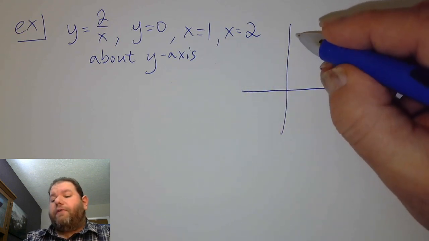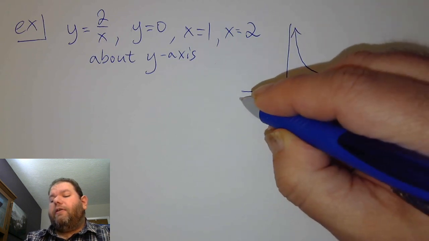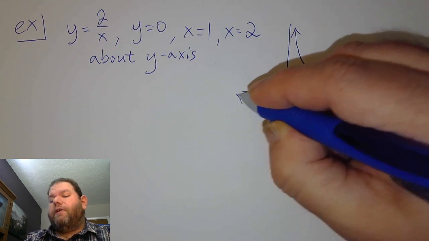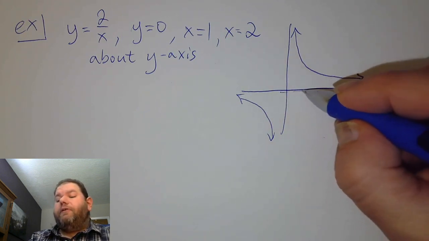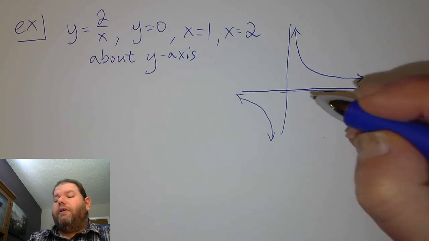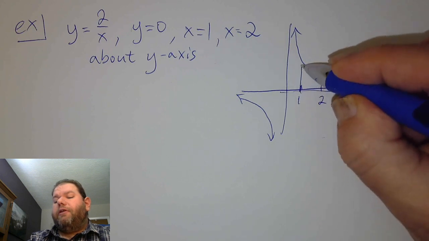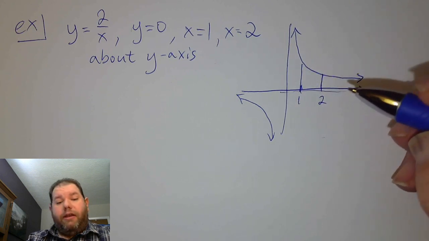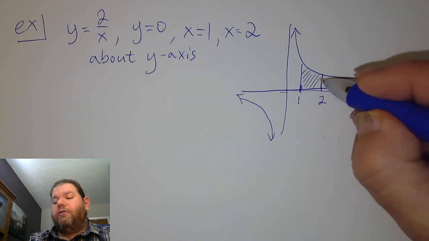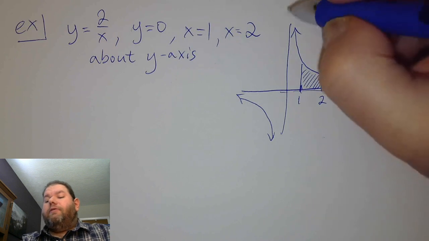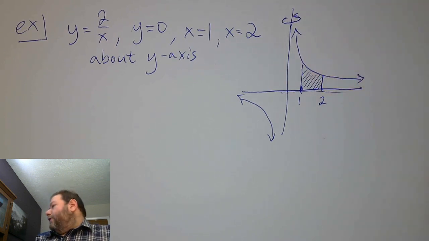Now, 2 over x looks something like this, and that's on both sides of the origin. Y equals 0 is the horizontal axis here. X equals 1 and x equals 2 are right here, and so they end up forming an enclosed area right here. And so this is revolving around the vertical axis, the y-axis.